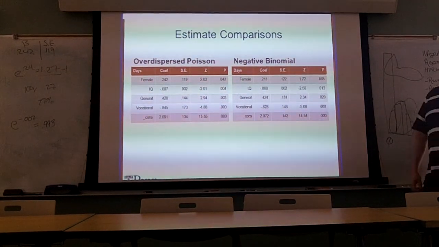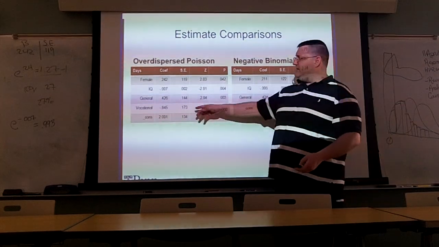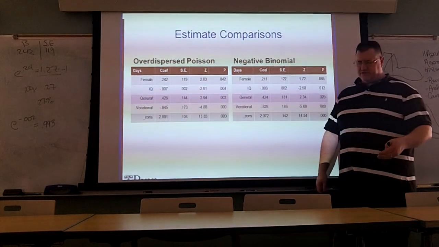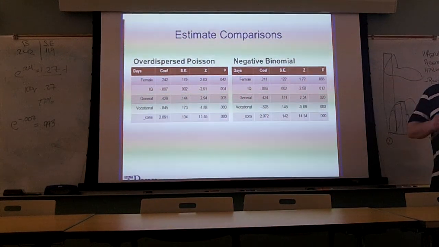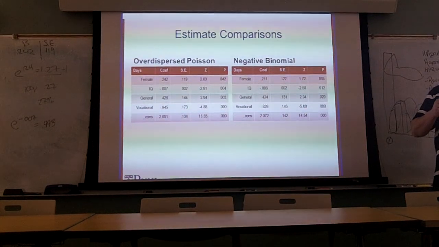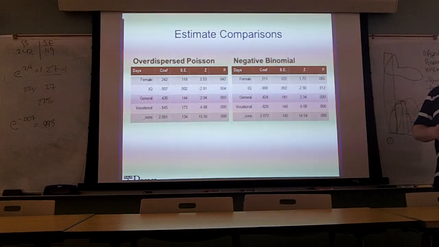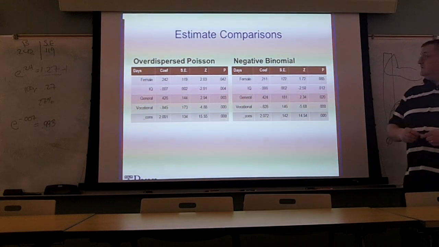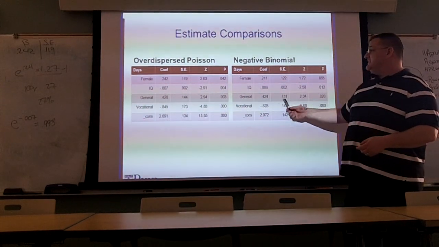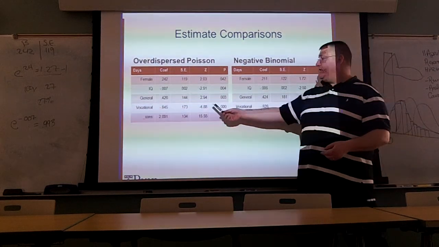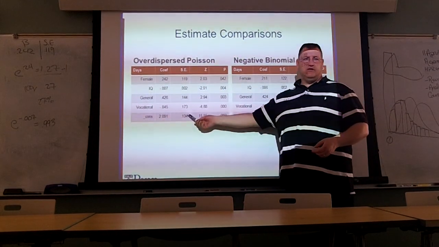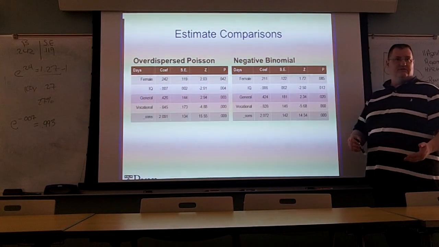The reason I show this is to drive home the idea that in the face of over-dispersion, the Poisson model is consistent, in that the point estimates are on average about correct. What happens here is that we are not acknowledging the variance.